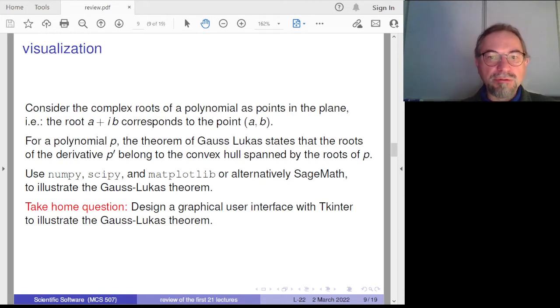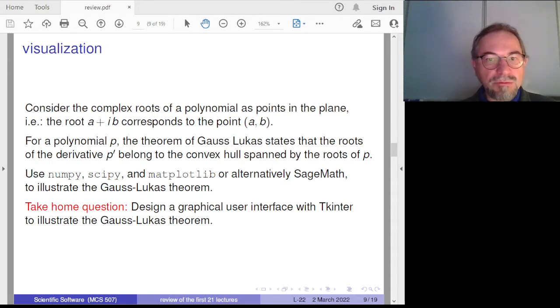So the polygon that is defined is the convex hull of the tuples with the real and the imaginary parts. How would you go about to visualize this theorem? Using NumPy, SciPy, Matplotlib, or alternatively also SageMath to illustrate the Gauss-Lucas theorem. You can also use Julia here in this question.